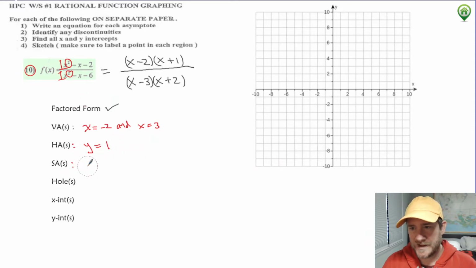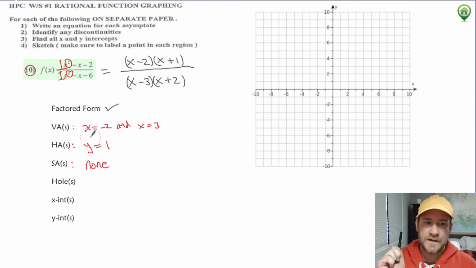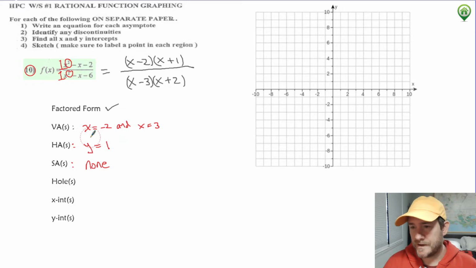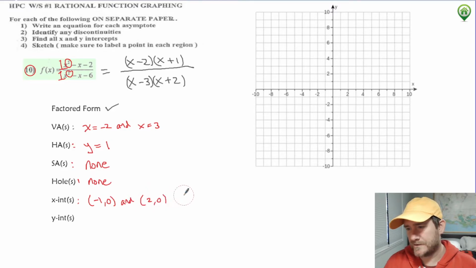Okay? For slant asymptote, we don't have one, because you only have a slant asymptote when the degree of the numerator is greater, and only when it's greater by exactly 1. For holes, we don't have any, because we don't have any factors that cancel out. For x-intercepts, we do have some, because they're the zeros of the numerator. So -1, 0 is an intercept, and +2, 0 is an intercept.